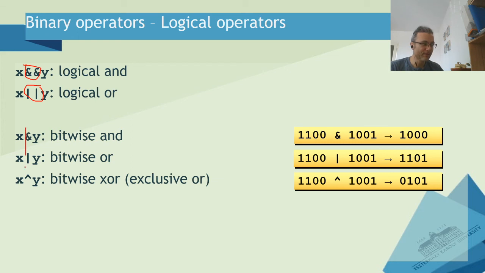Probably you didn't know, or maybe you did, that there is a bitwise version of the AND and the OR operator, which is applied to the bits pairwise. Next time I will show you some demo in Visual Studio how they work.